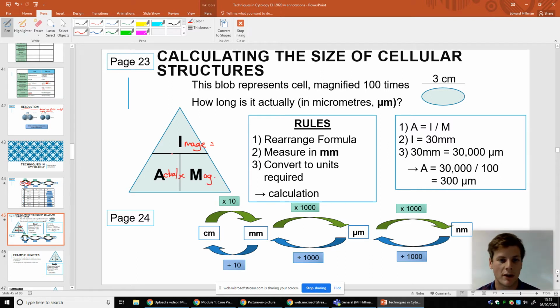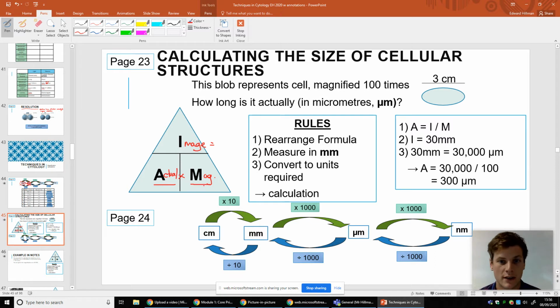Okay, or you can rearrange that formula to find out the magnification. Usually the questions will either expect you to calculate the actual size, so the size of the structure before magnification, or calculate what the specimen has been magnified by.